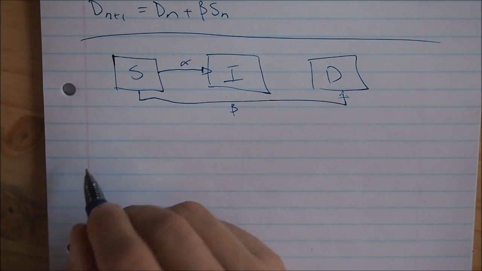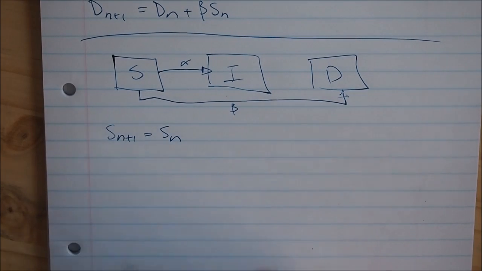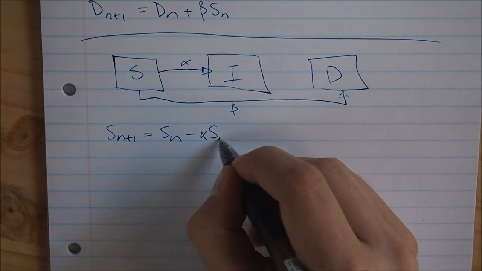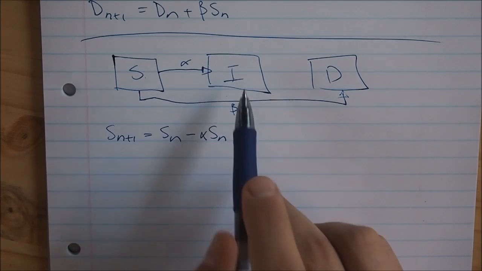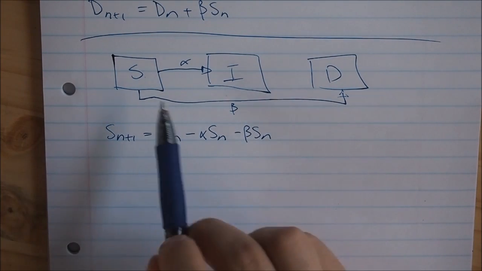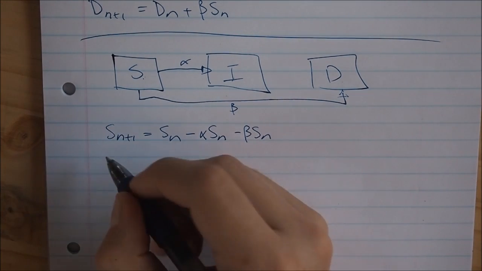So the number of susceptible people at the next time step is going to be the number of susceptible people now, minus alpha times SN, so this is the proportion of people that become inoculated, they move into this category, and then minus beta SN, so these people move from the susceptible category into the dead category.